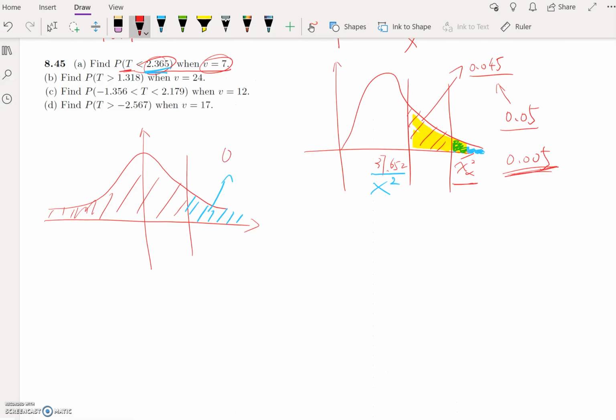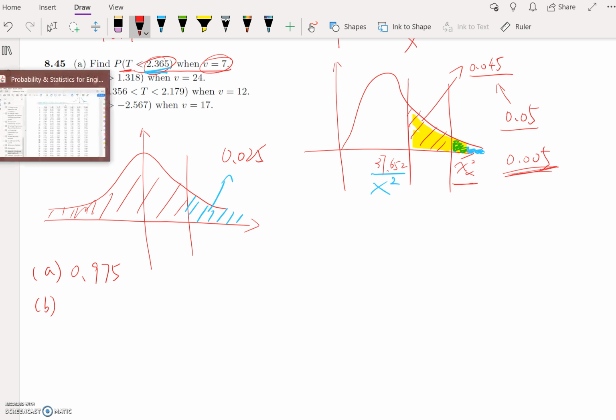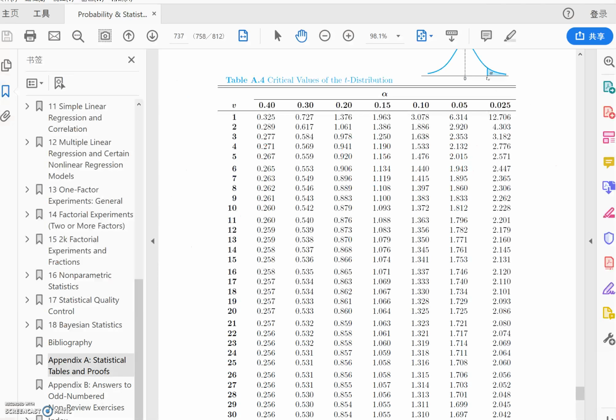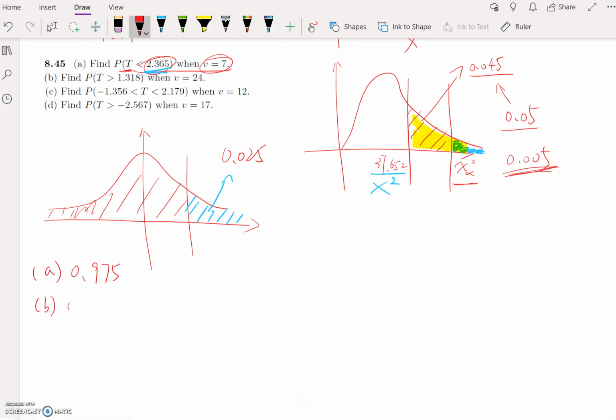So the blue part is 0.025. So we can get the red part, which is 0.975. Okay. For the second problem, it's much easier. We just need to find the blue part. So 1.318 with 24 degrees of freedom. It's 0.1. So you can directly get the answer 0.10.